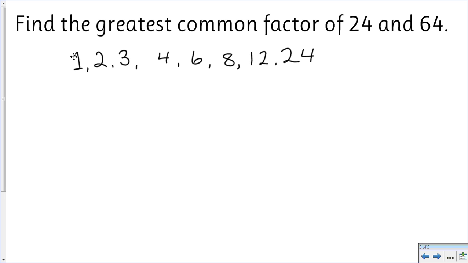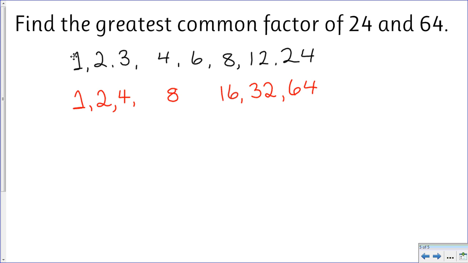And for the factors of 64, 1 multiplied by 64, 2 multiplied by half of 64, which is 32, 4 multiplied by 16, and 8 multiplied by 8. 8 times 8 is 64.